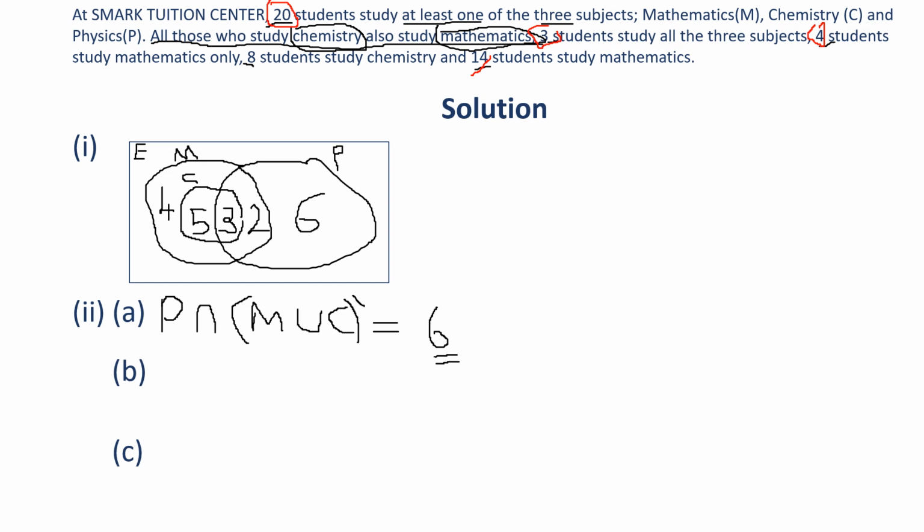We move on to the next. How many students study 2 subjects only? So for 2 subjects only, these students are studying at least 2. So we have mathematics intersection chemistry.